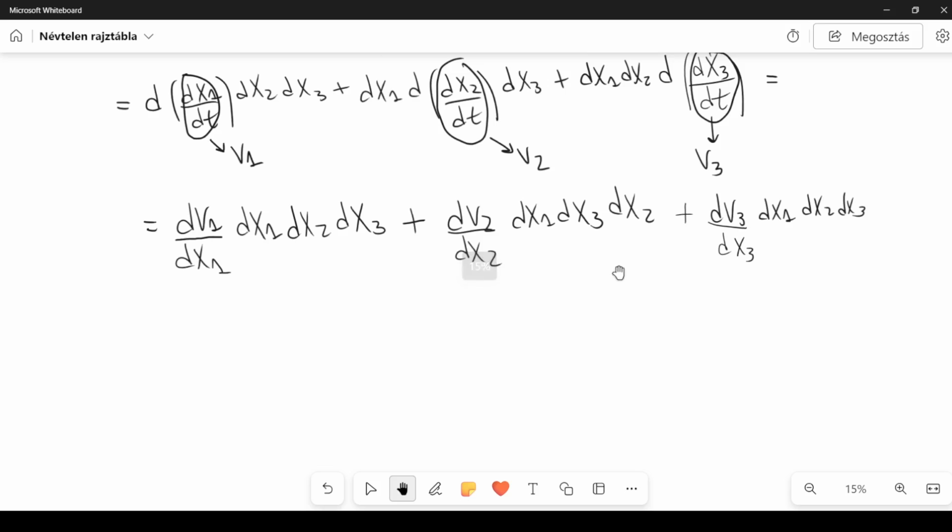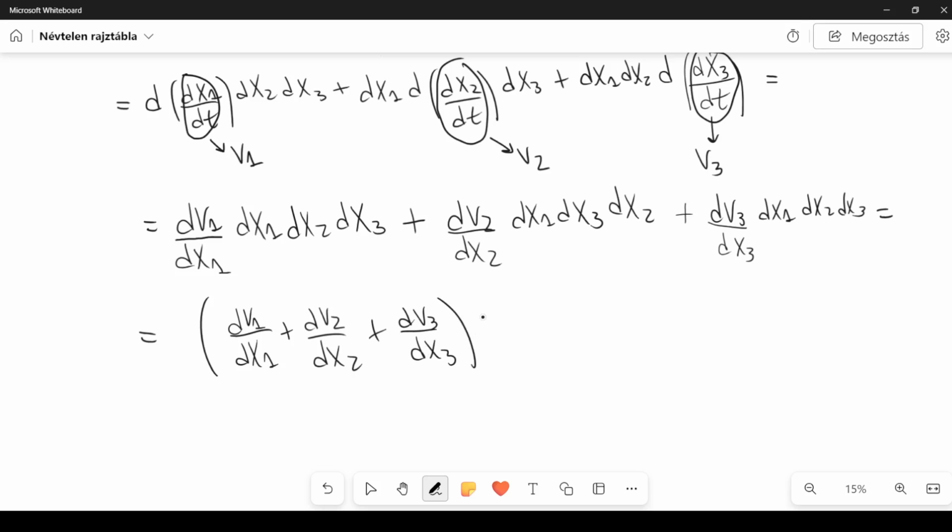So you can see that we can factor the volume element, and therefore informally we can write dv1/dx1 plus dv2/dx2 plus dv3/dx3 times the volume element.